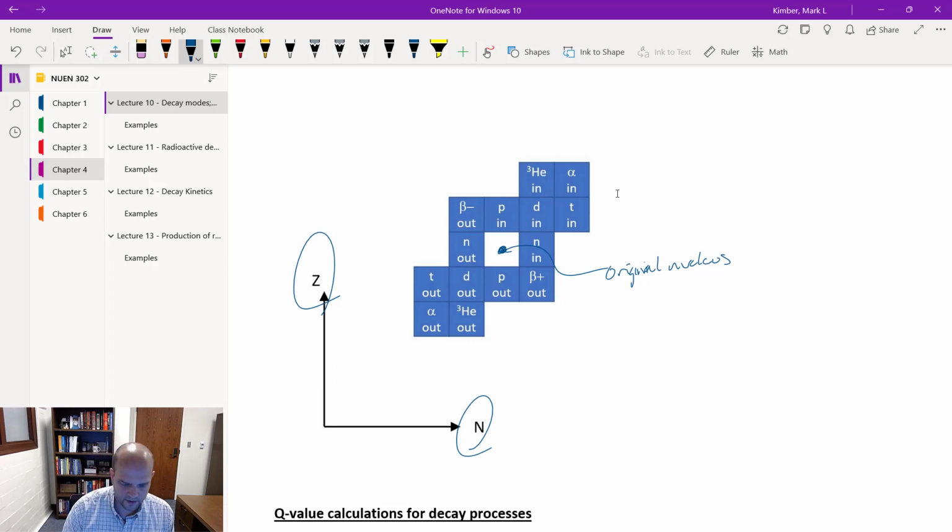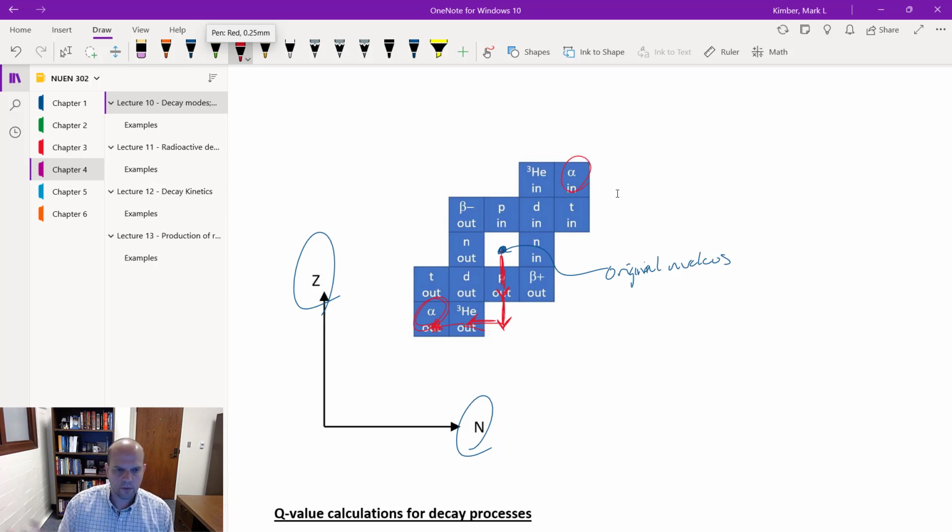So if I have an alpha decay, for instance, then I lose 2 protons and I lose 2 neutrons. And so that's why you see the alpha out here and the alpha in.